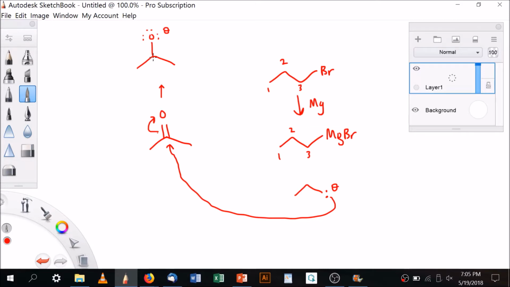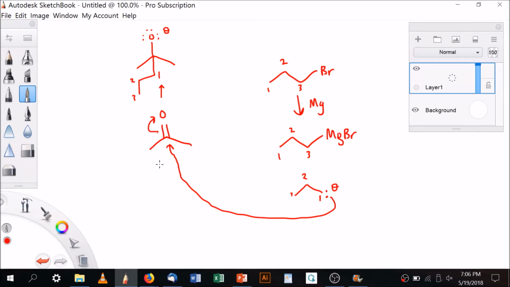Remember that? Now here's where it gets tricky. We had 1, 2, 3 carbons, and they're attacking here. So let's watch this. 1, 2, 3. It's so easy to get this wrong. This is by far the most common mistake: people miscount these carbons.